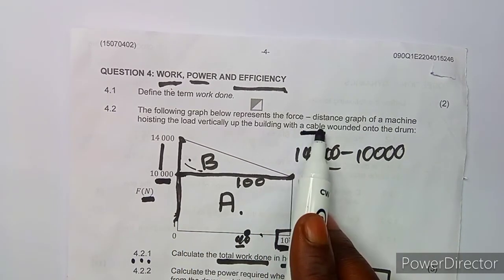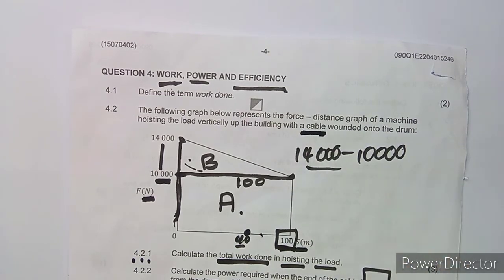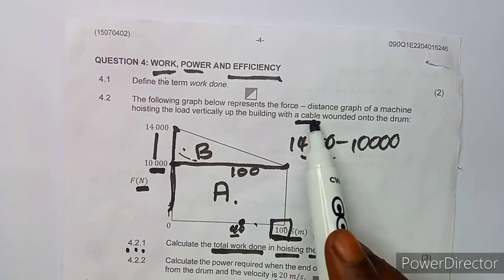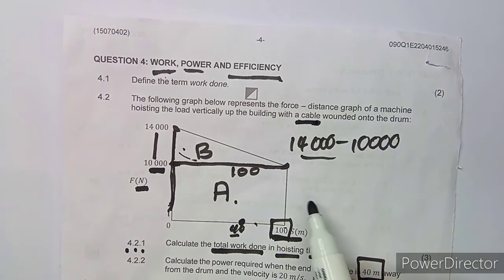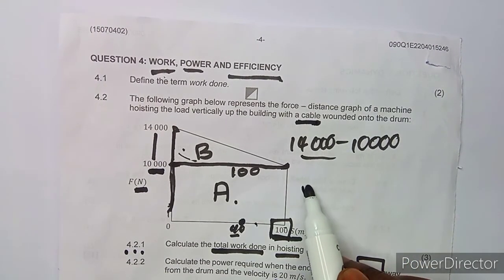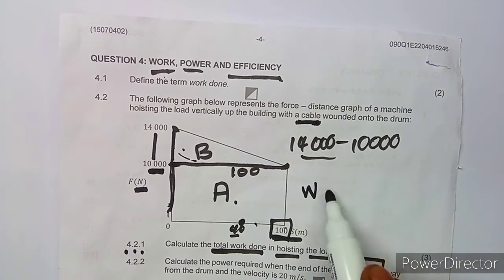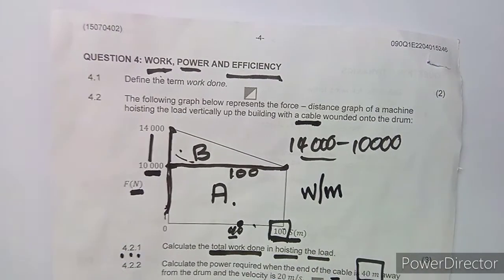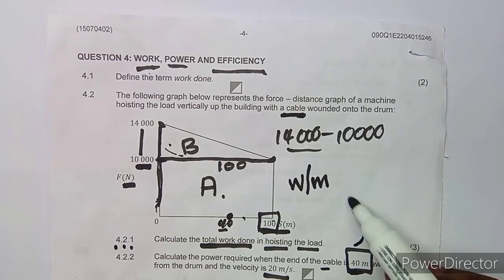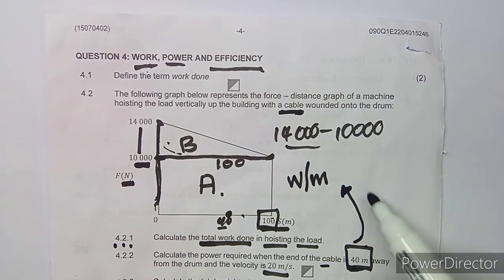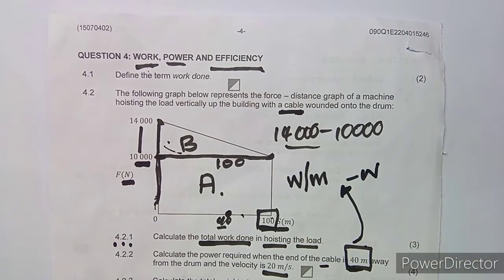Sometimes it can be a chain, but this is a cable. So you need to find the weight of this cable per meter so that you can multiply it by 40 meters to find the corresponding weight.